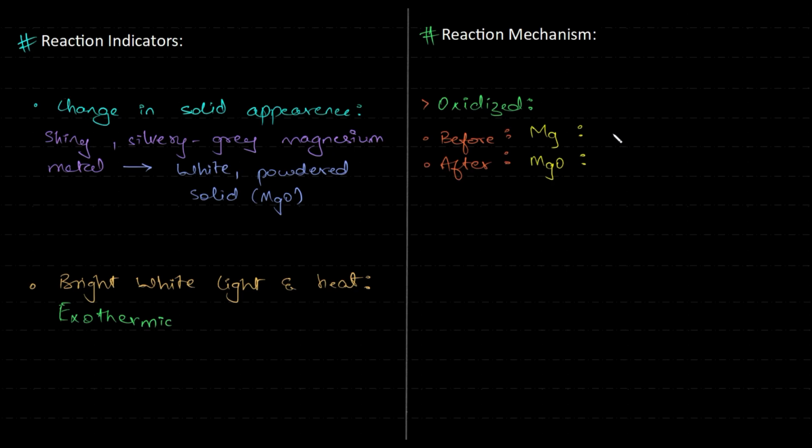So this strip of material's oxidation state is 0, and here it will be Mg plus 2. So it moved from 0 to plus 2, implies it lost electrons, right?